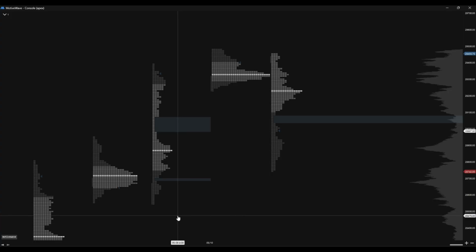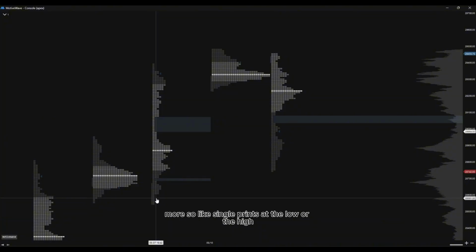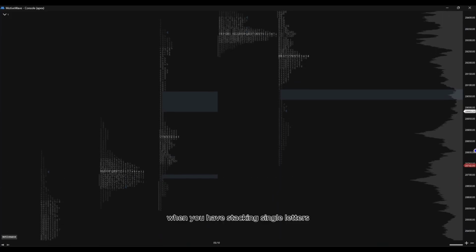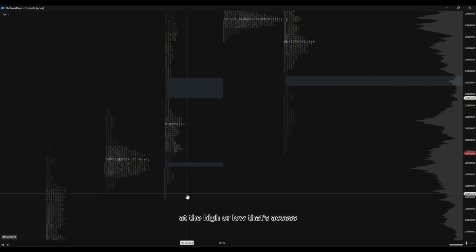So you can see, more so like single prints at the low or the high. When you have stacking single letters at the high or low, that's excess. I more so like to see two and more single letters.